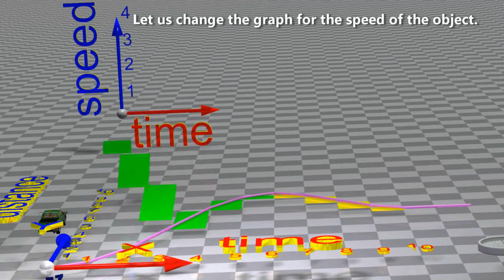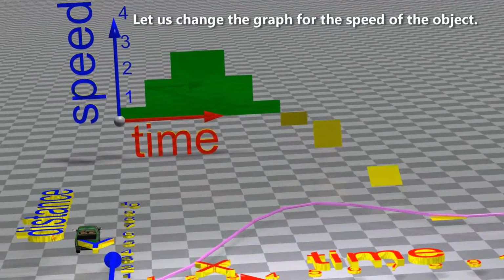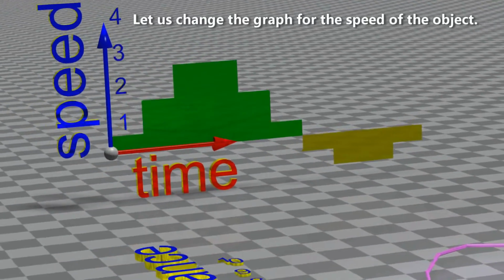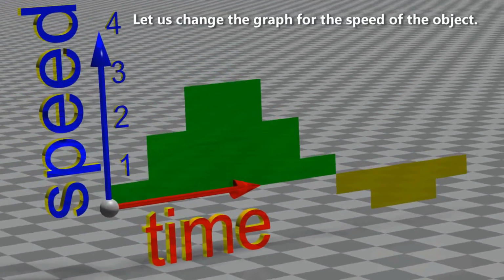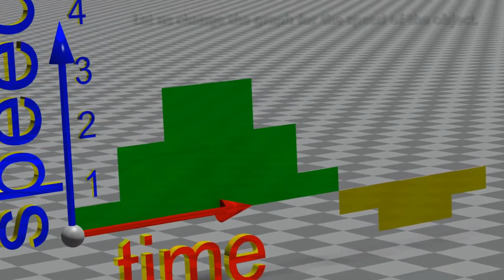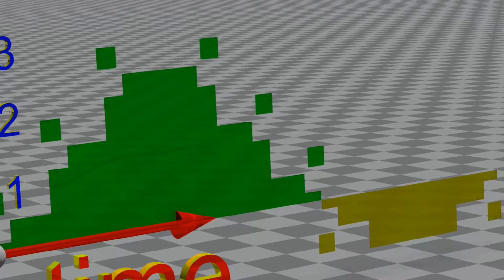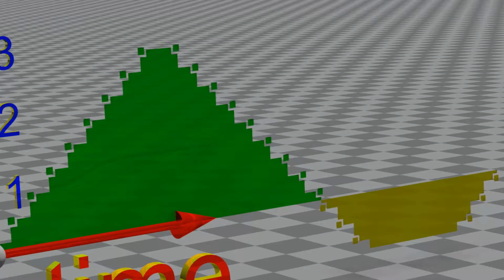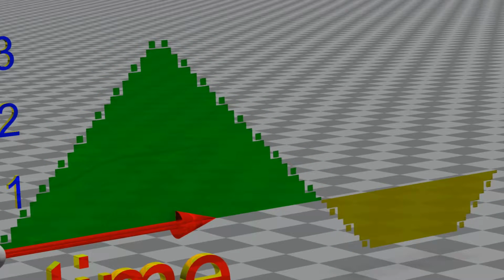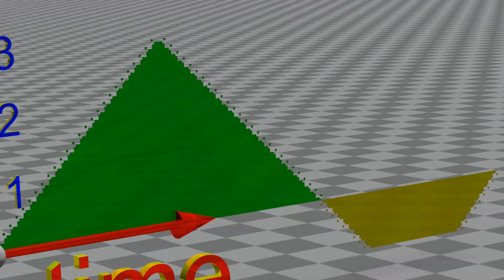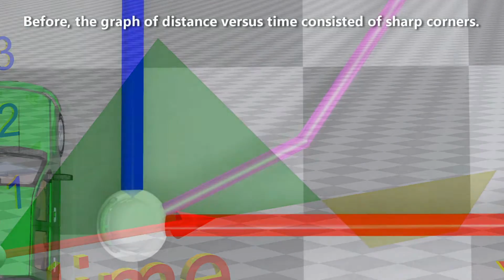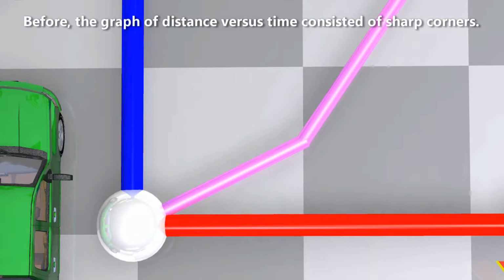Let us change the graph for the speed of the object. Before, the graph of distance versus time consisted of sharp corners.